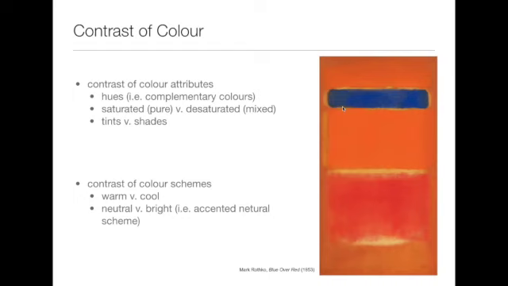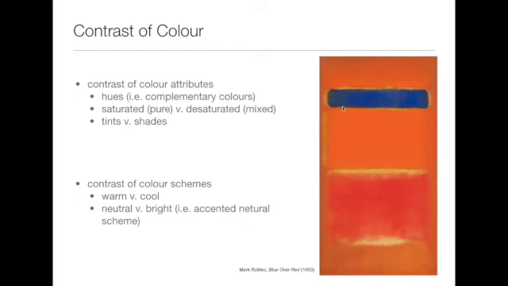Of course, we can also contrast color. We need to make sure that we're thinking about the three primary attributes of color, which are hue, saturation, and value. We can contrast how we are using hues, complementary colors. We can contrast saturation, the really pure colors versus the desaturated, and we can contrast value as we mentioned before, the tints versus the shades.